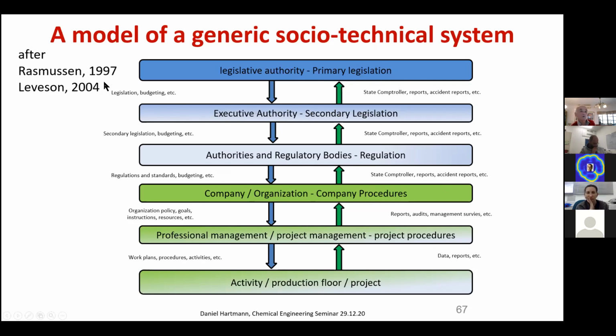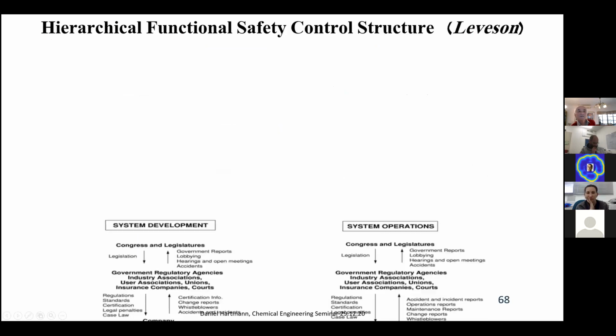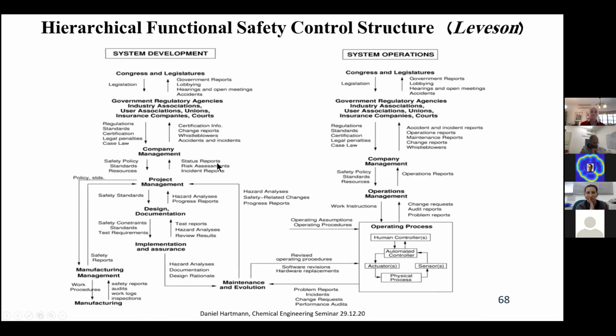The model is from the end of the 20th century. Leveson took it, and she said that we need two control structures. For example, for transportation by air, we have a control structure for the companies that construct airplanes.